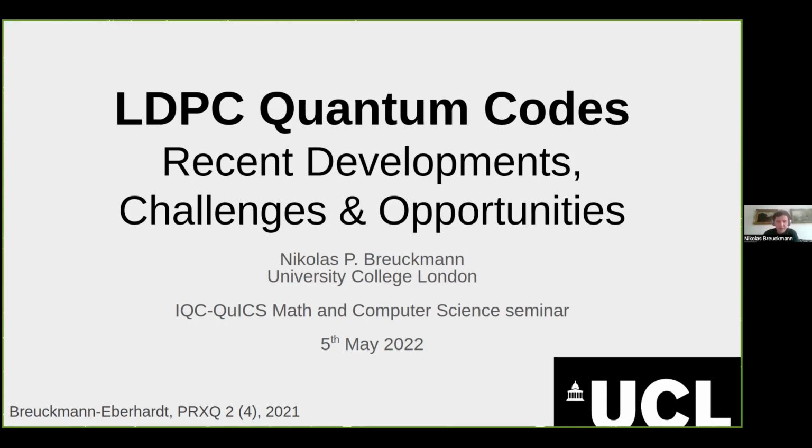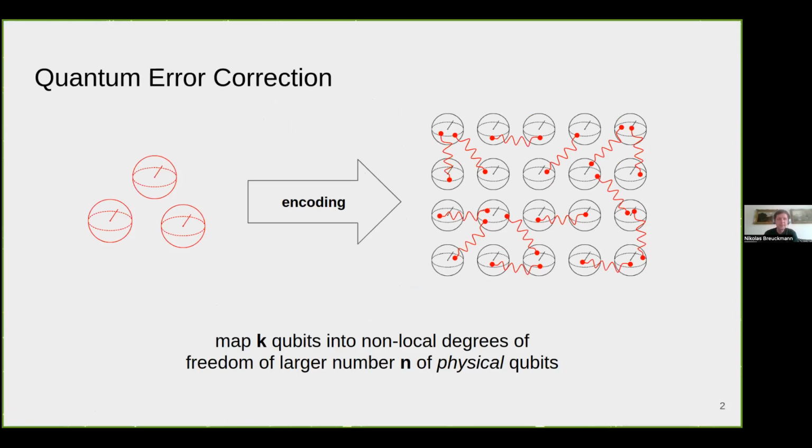Okay, so let me get started, and let's start very easy. I assume that many of you have heard about quantum error correction. The overarching main idea is that we have some number of qubits k that we want to protect against errors that are inevitable in our physical devices. We protect them by encoding them into non-local degrees of freedom of a much larger set of n so-called physical qubits.